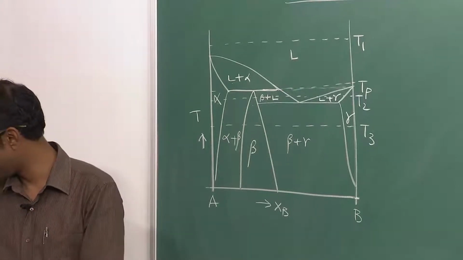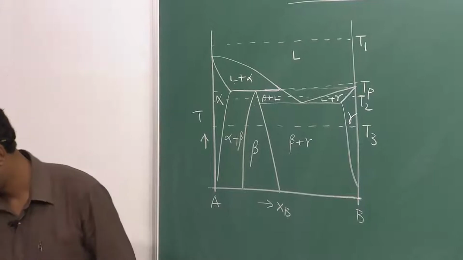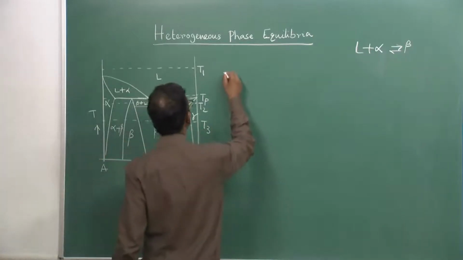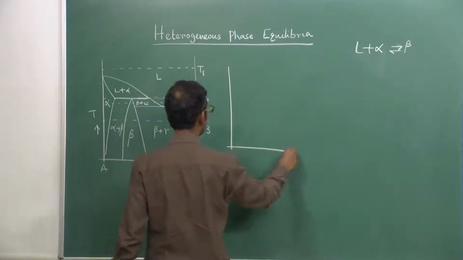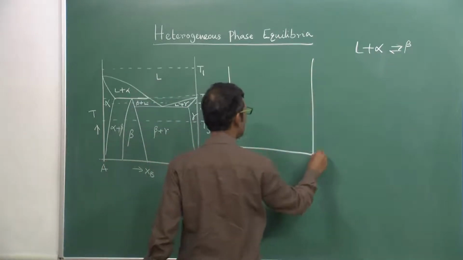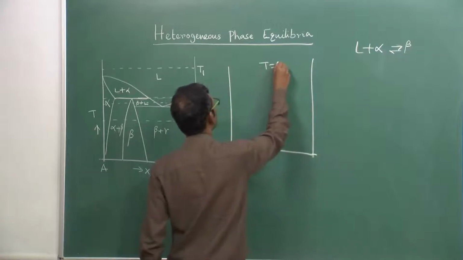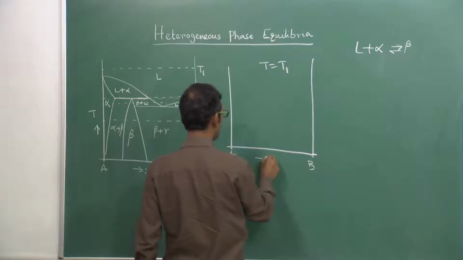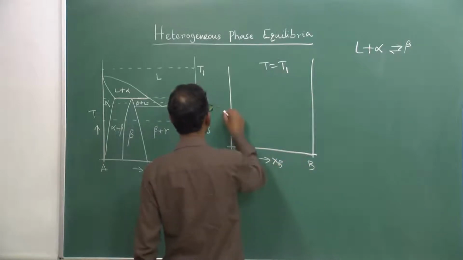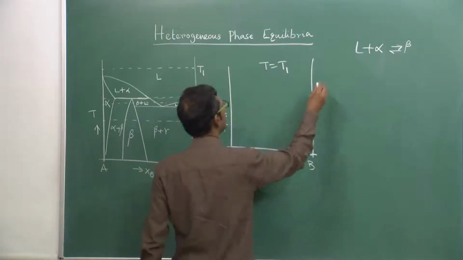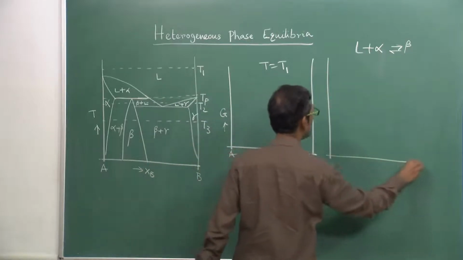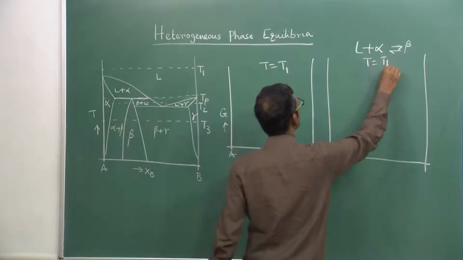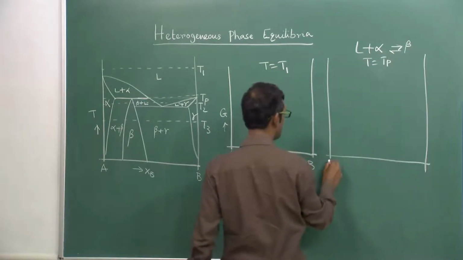So I need colored chalks to do that. I will draw them one by one. Okay, so here I will draw temperature T1, this is A, this is B. Similarly at temperature T2, the temperature Tp where this reaction will occur.